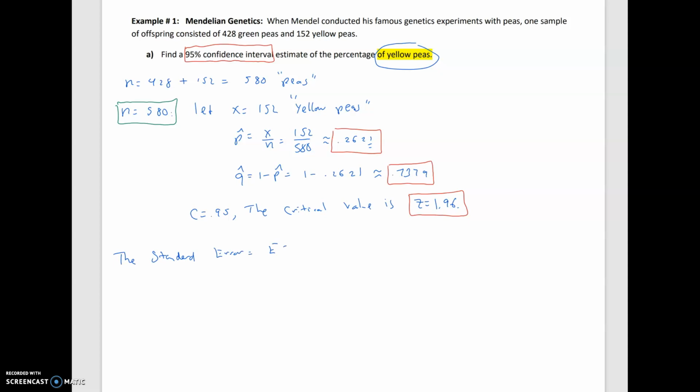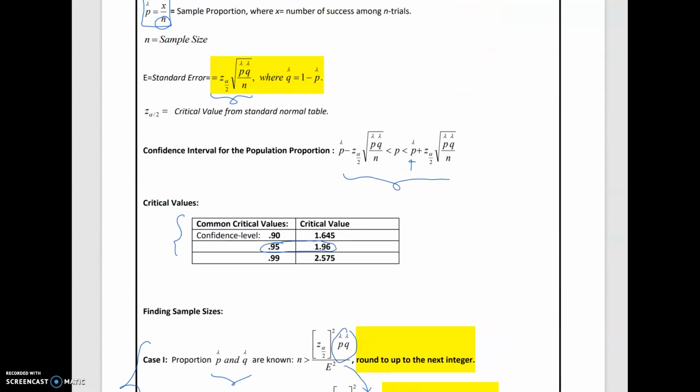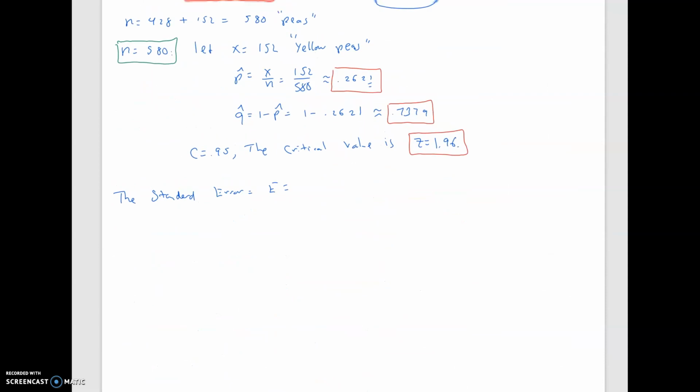And in this case, this is the messy formula that you see with the square root. So the z of alpha over 2 is just the critical value times the square root of p-hat and q-hat divided by n. So that's going to be the error that we're going to be carrying.